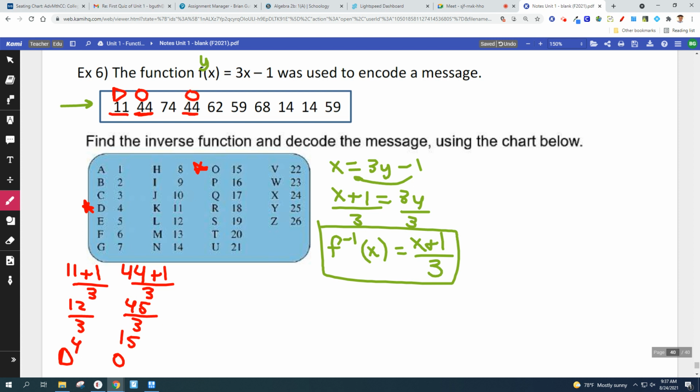Go ahead and fill that in twice. Next, we'll do 74. 74 plus 1 over 3, that's 75 over 3, which is 25. 25 is Y.